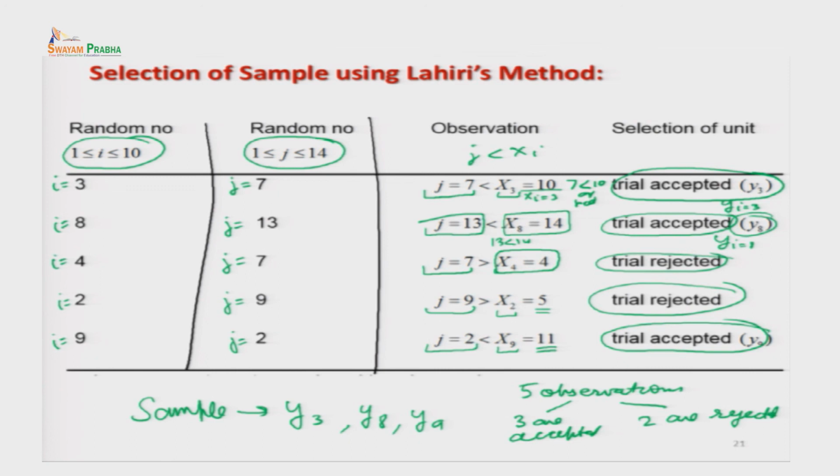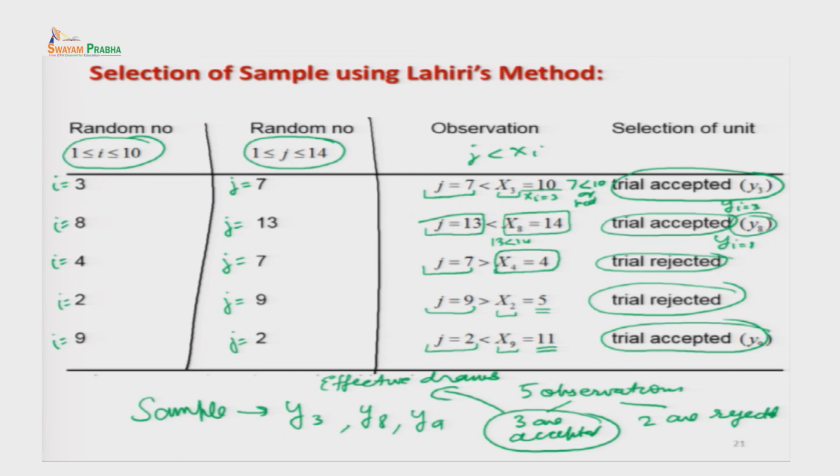All those draws where I have accepted these 3 numbers are actually called effective draws. And this is what I meant when we discussed the drawback of Lahiri's method, that not all the numbers are really going to be accepted. For example, out of these 5 random numbers, only 3 are accepted and 2 are getting rejected.